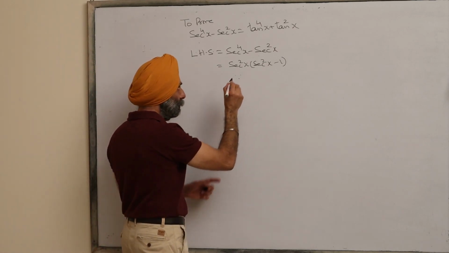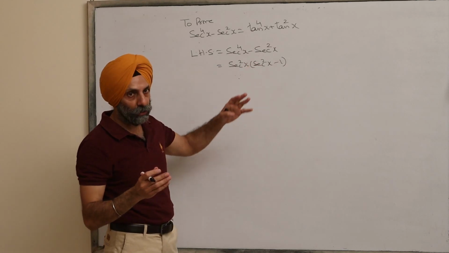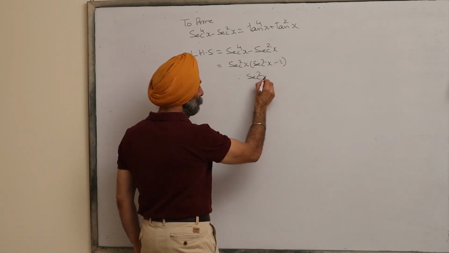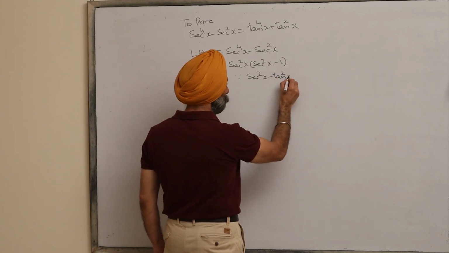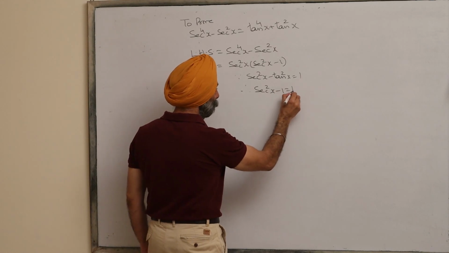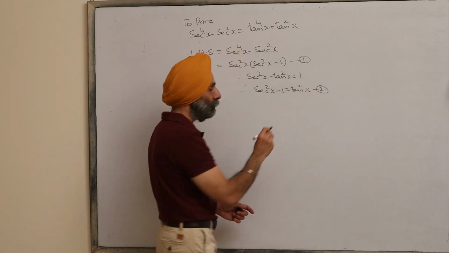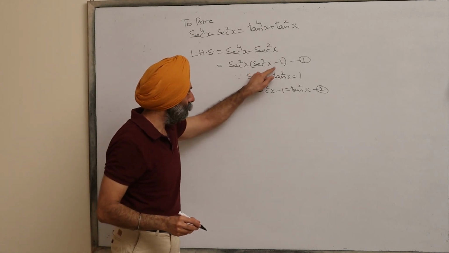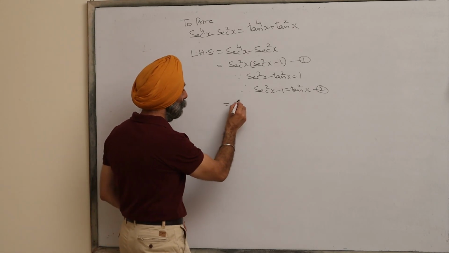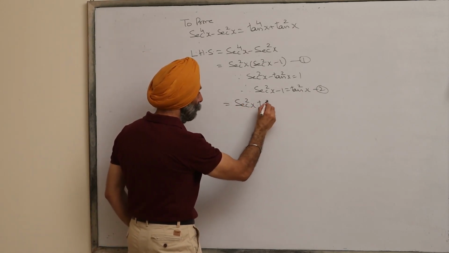Now, at each and every step you must write down the reason why we are replacing a particular term, because secant square x minus tan square x is 1. So therefore secant square x minus 1 is equal to tan square x. So from first and second, I can replace secant square x minus 1 with tan square x. That is, it comes out to be secant square x into tan square x.